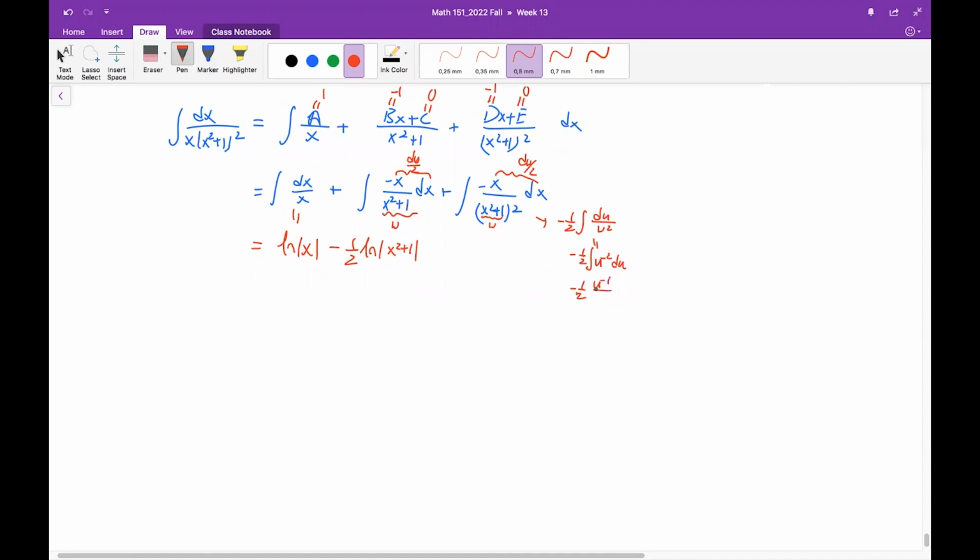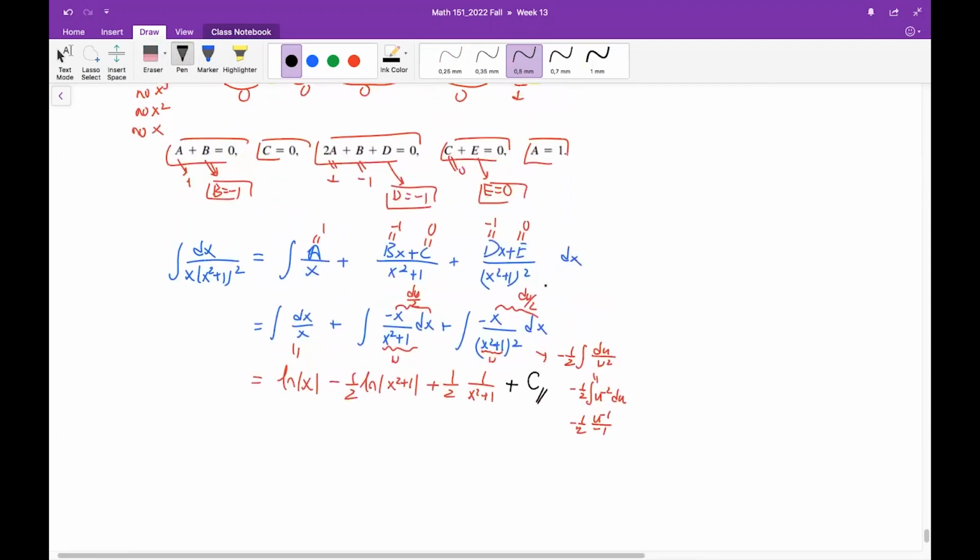So -1, that's why the result is just 1 over 2 times 1 over u, I guess, where u being this expression. And then at the end, please don't forget to put this arbitrary constant c, because all those are indefinite integrals. Okay, that's it.